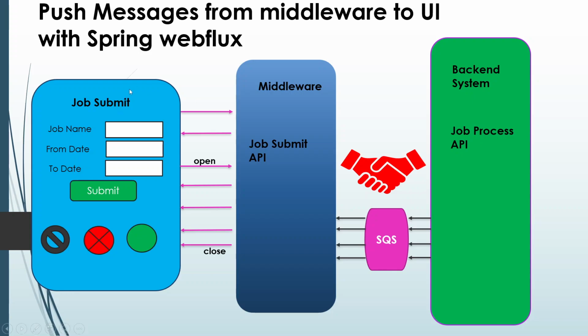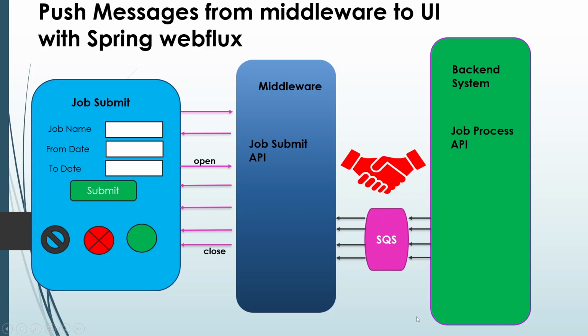But we have to achieve the same asynchronous communication with an event stream between the UI and the middleware, so for that we are going to use Spring WebFlux. We are going to expose an event stream listener from the middleware, and the UI will be opening up a stream. That's what we are going to do.